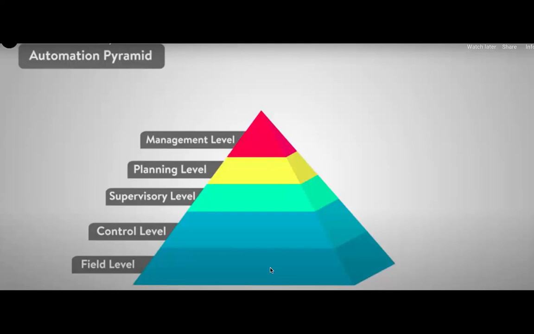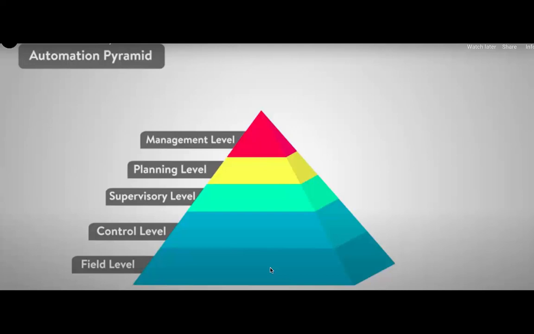In this diagram, there is no enterprise level, but the planning level and management level, these two levels, are combinedly called the enterprise level. What is the function of these two layers? This is the top level of the automation hierarchy.